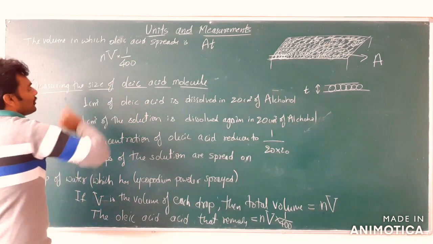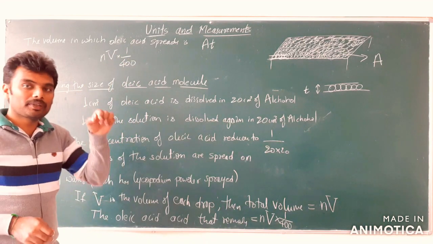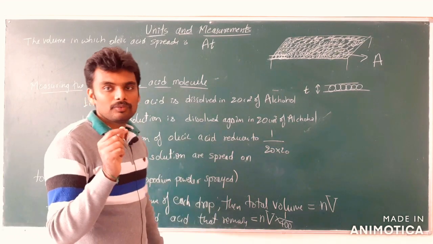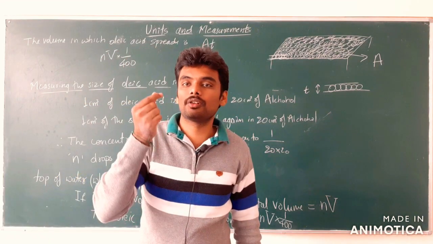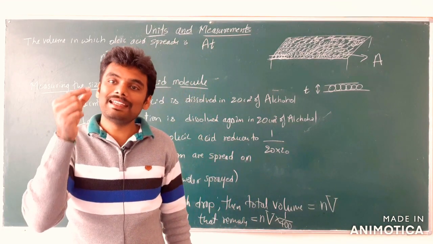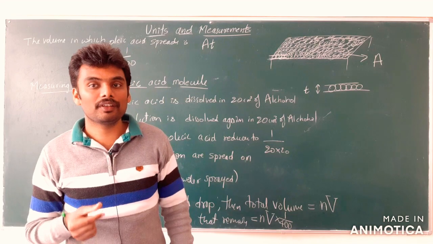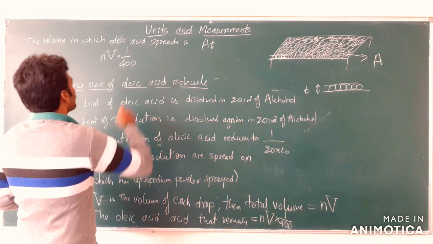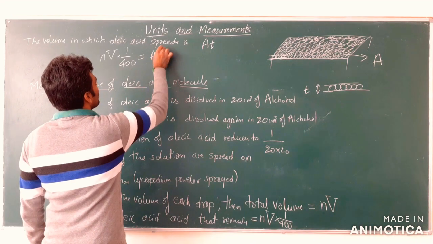See, all these things can be measured. Volume of each drop can be measured, somewhat like a small tube which we make use of to put drops into the nose and all. If you observe, there we can measure the volume of each drop, isn't it? So NV is easy to measure, into 1/400 is equal to area into thickness.